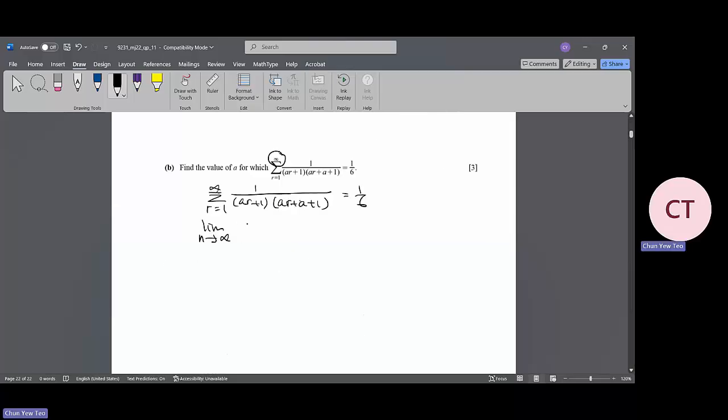So you get 1 over (a plus 1) minus 1 over (na plus a plus 1) is equal to 1 over 6.